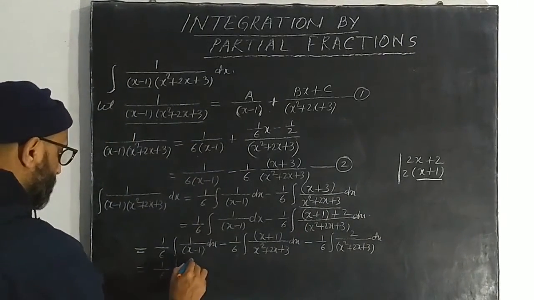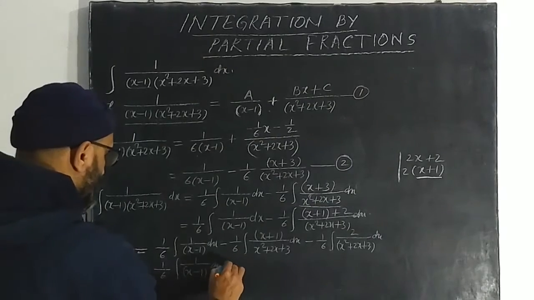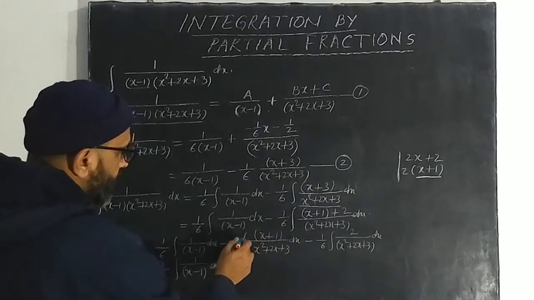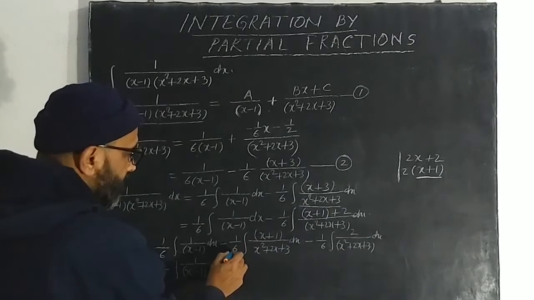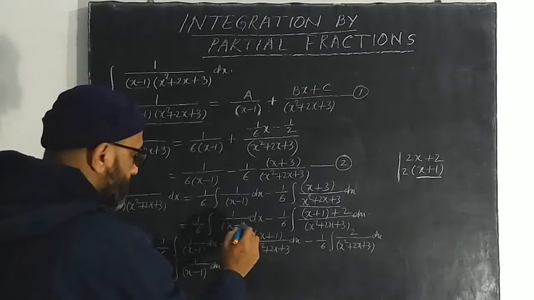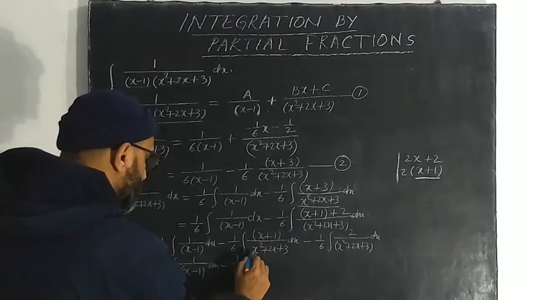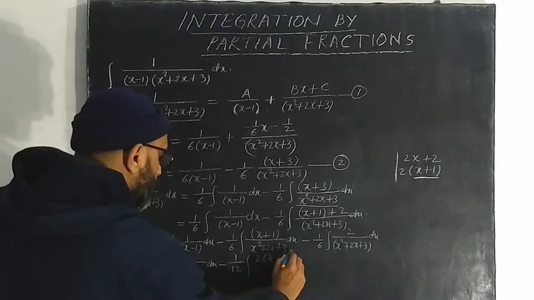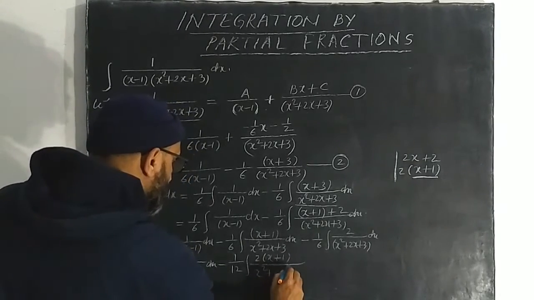1 upon 6 integral 1 upon x minus 1 dx minus, here we better multiply and divide by 2. So we divide outside the integral and multiply inside the integral. We may write it as 1 upon 12 integral 2x plus 1... why have we done so?